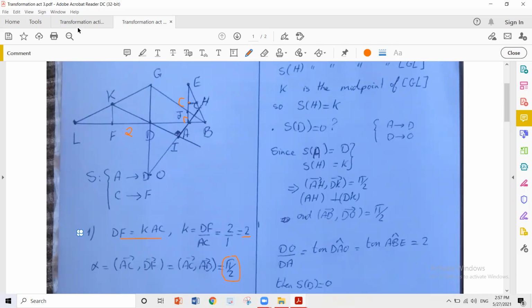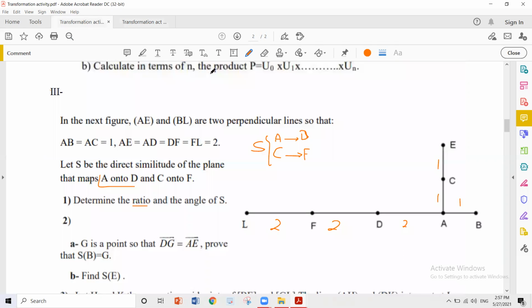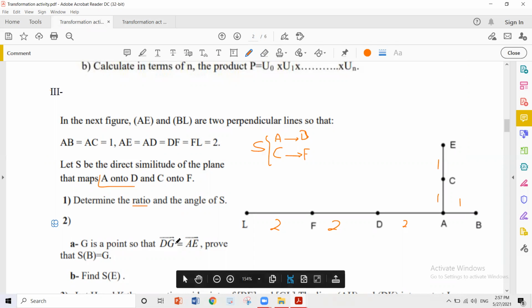Part 2. G is a point defined by DG equals AE.